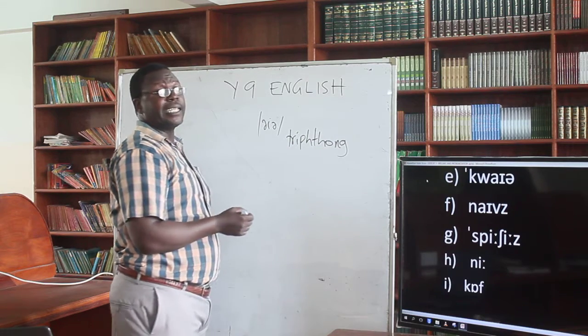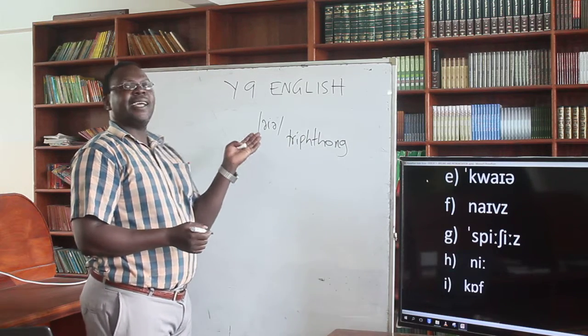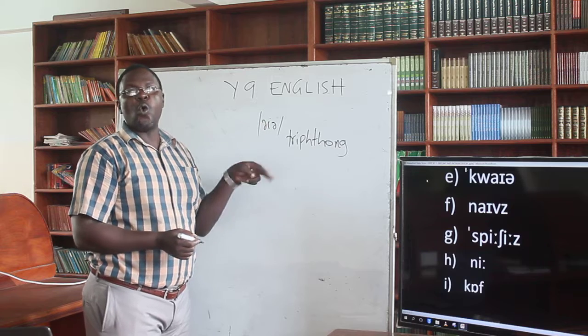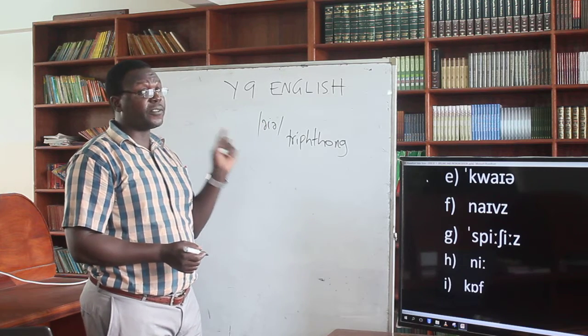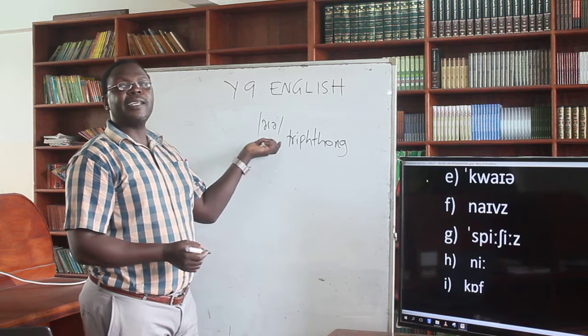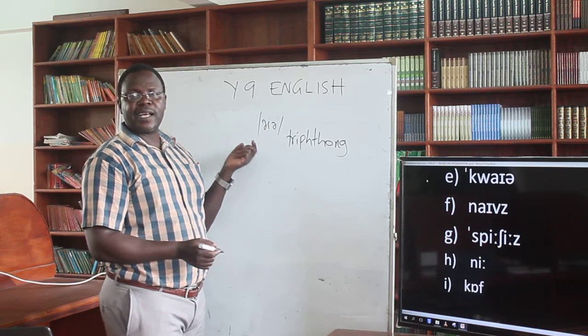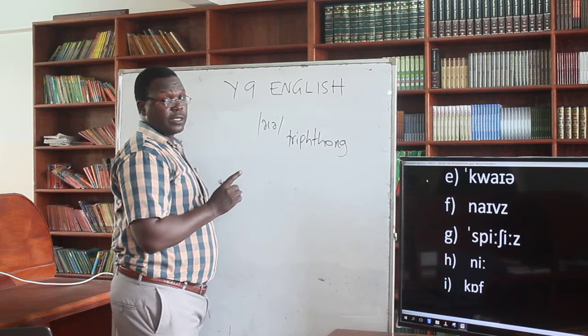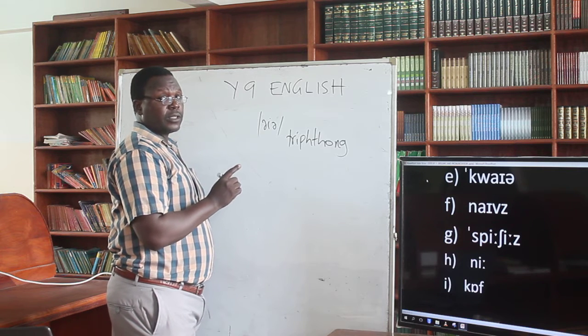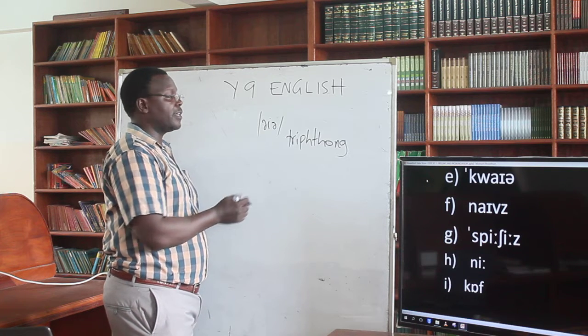It is not like a diphthong that had only 2. This is a triphthong, meaning 3 vowels have come together and there is that glide of sound. You know that it's a vowel sound I'm talking about.